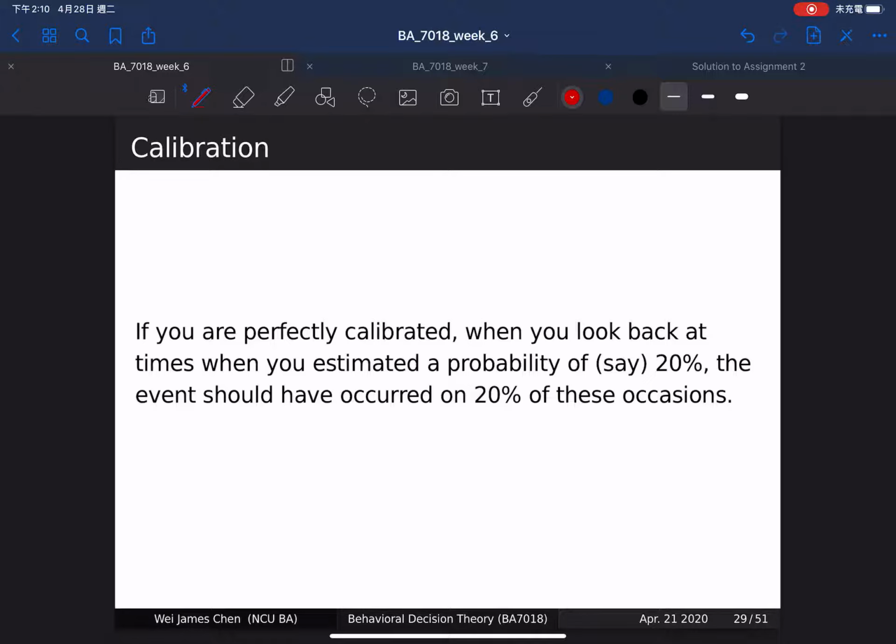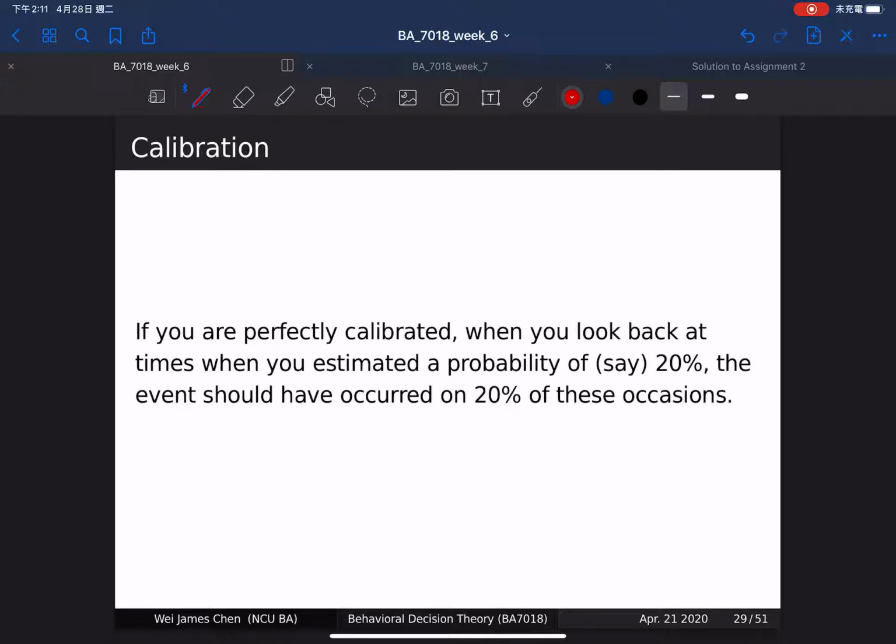There's a weather broadcaster, or weather anchor. He or she will tell you the probability that tomorrow will rain, right? You observe that information every day, and how do you assess whether this person in the long run is a good probability assessment maker or not?